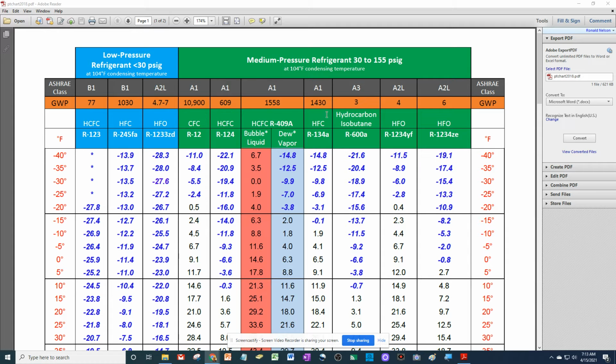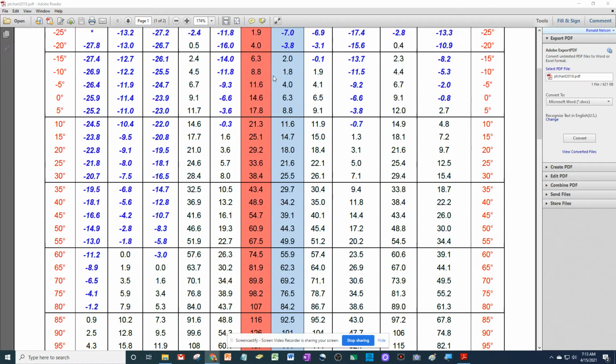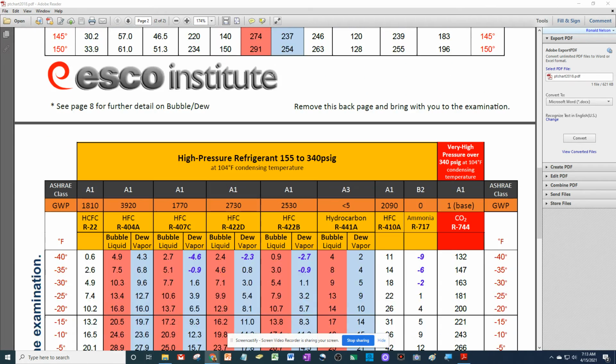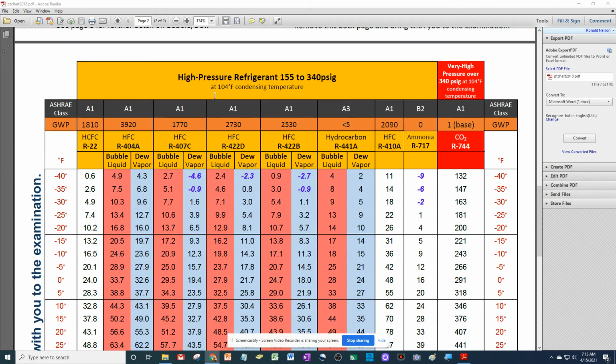These, one, two, three, four, five, six, seven refrigerants here are medium pressure refrigerants. And on the back side, it shows you all these refrigerants here are high pressure refrigerants. And this one shows you the one that I've been telling you is a very high pressure refrigerant, right?